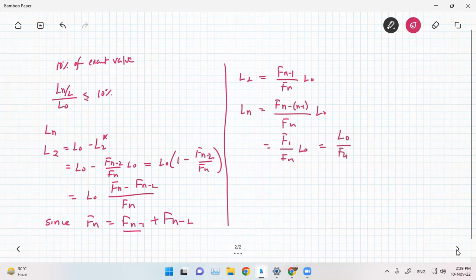So we can say that Ln by L0 will be basically 1 by Fn. So from the exact value condition, we can easily write 1 by 2 into 1 by Fn will be less or equal to 10%, or 0.1, or whatever value is given here. So this is the ultimate method.